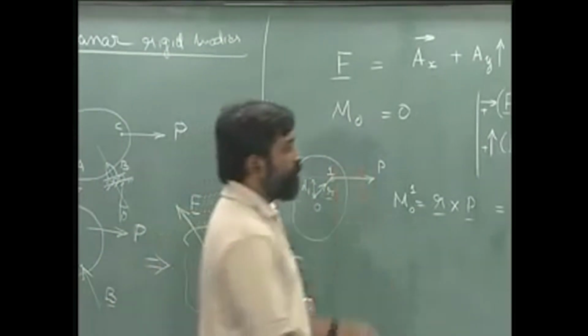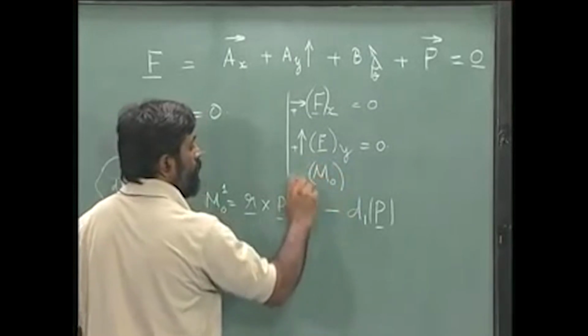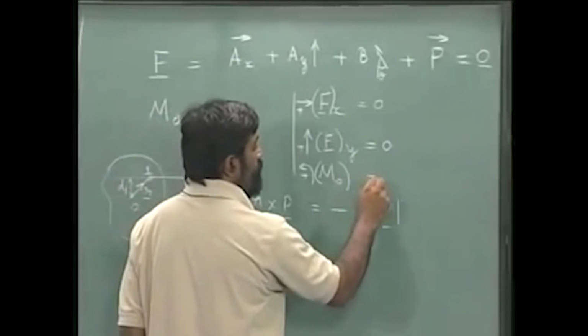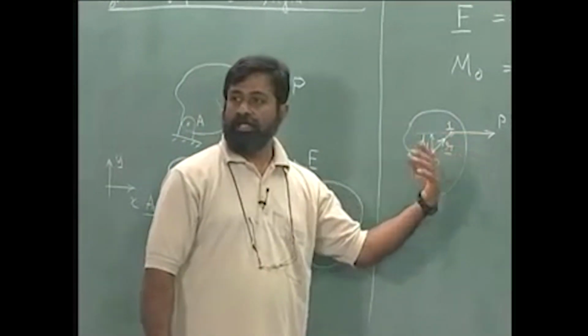I can do the same thing over here, M at O, taking anti-clockwise to be positive, is equal to 0. By doing this, we will not miss out on the sign conventions.